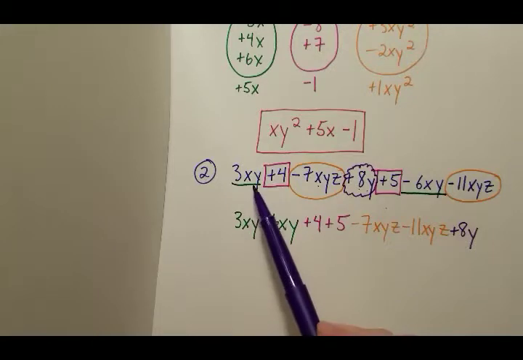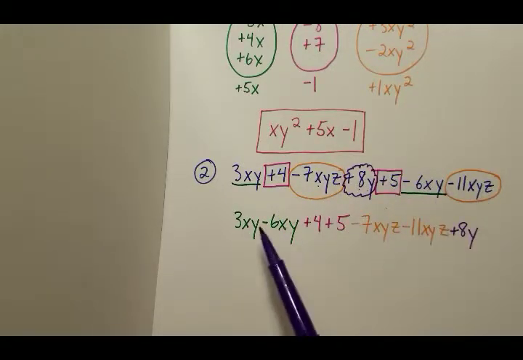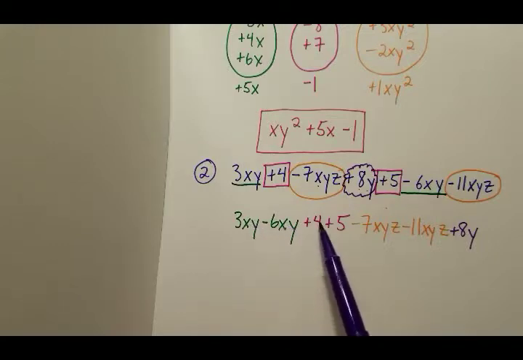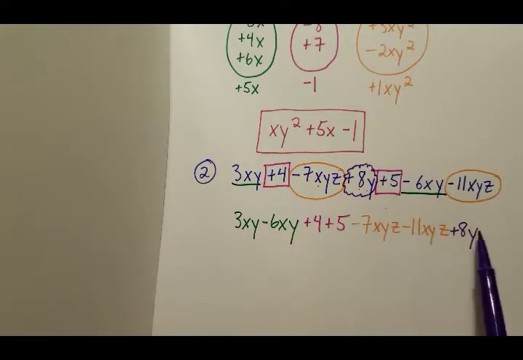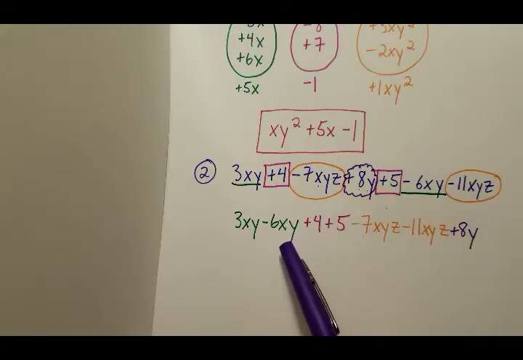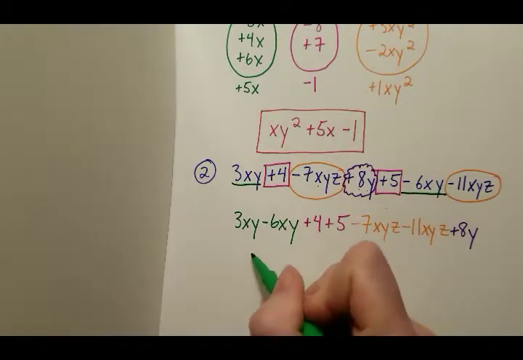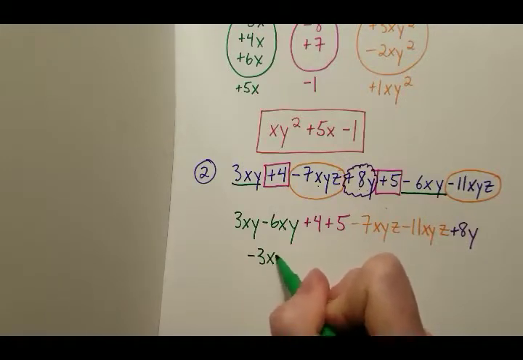We had 1, 2, 3, 4, 5, 6, 7 terms originally. Now we have 1, 2, 3, 4, 5, 6, 7. So we got them all. The ones that are the same color are like terms, so those are the ones where we can add the coefficients. 3xy minus 6xy gives us negative 3xy.